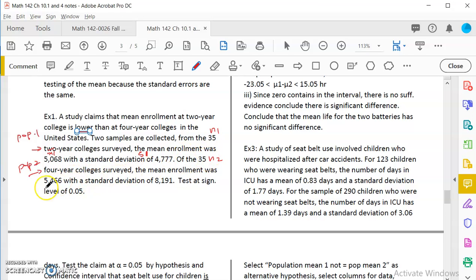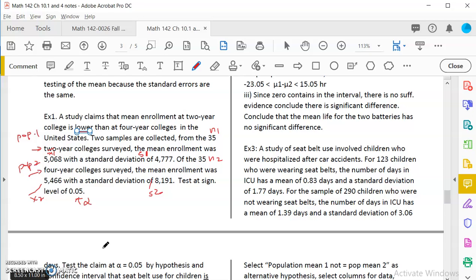For the 4-year colleges, this would be x2 bar, and that would be s2. So you collect all those data and write them down because there's so much data around. We also have the C level over here. These are what you need to collect first. Let me write this down because we want to enter it.